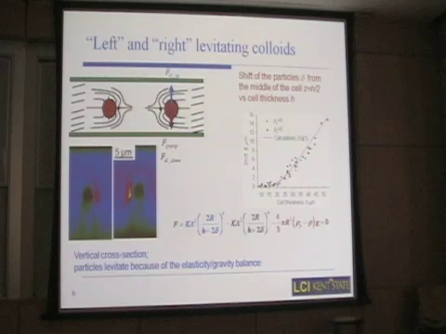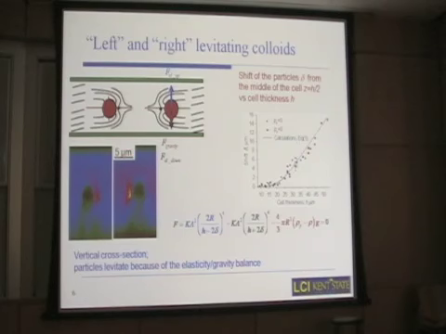And you can develop a simple model using the image forces, and you would realize that for typical sizes, let's say 5, 10 micrometers of the particles, this elastic force is sufficiently strong to overcome the gravity force, and you can then measure, for example, as a function of the cell thickness, how far away from the middle plane the particle would shift.